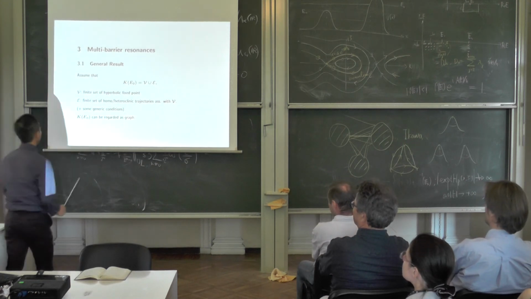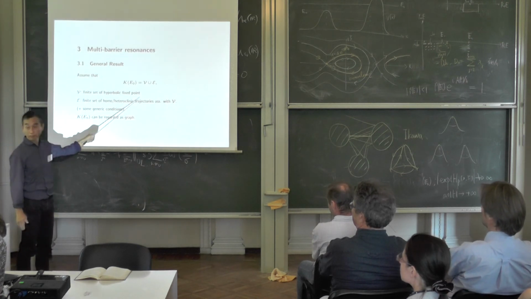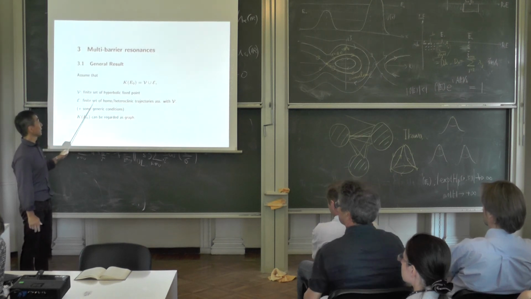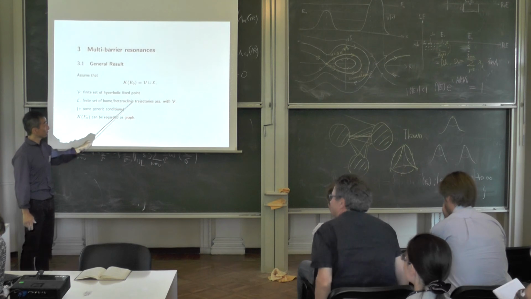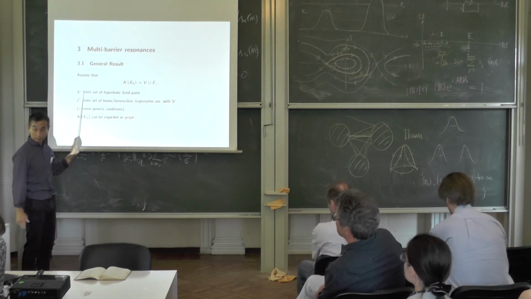So let D be the finite set of hyperbolic fixed points, and E the finite set of homoclinic or heteroclinic trajectories associated with these hyperbolic fixed points. Okay, like that.